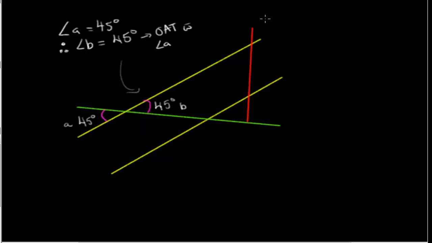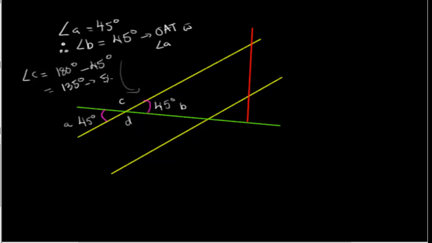Now, if that's A and B, I need some C's and D's. So maybe I've got angle C here and angle D here. Now I should be able to figure out angle C. Angle C is equal to 180 degrees minus 45 degrees, which is 135 degrees. How do I know this?